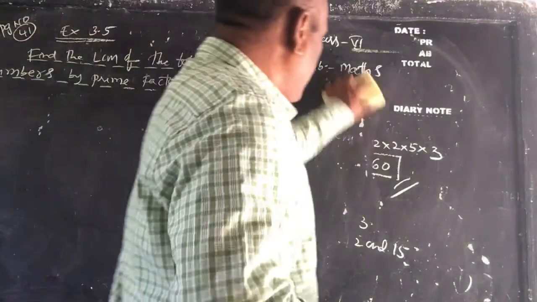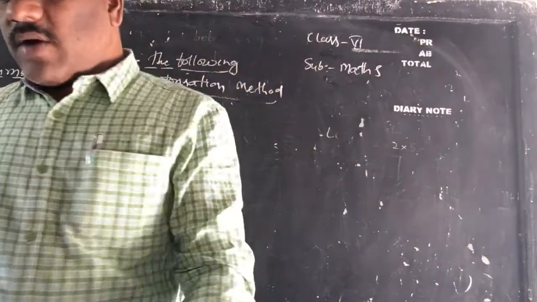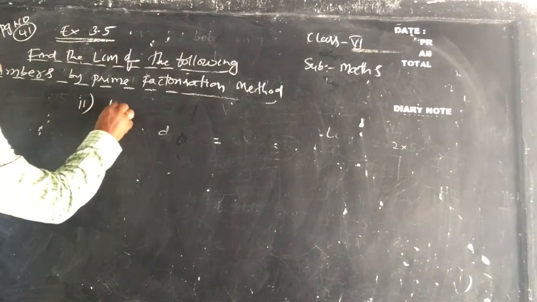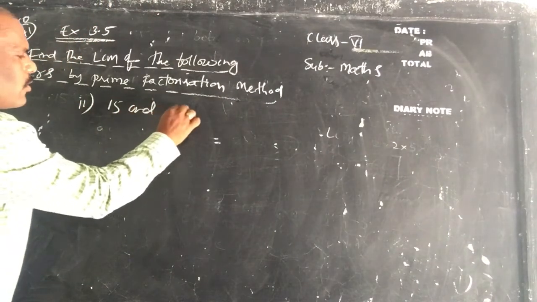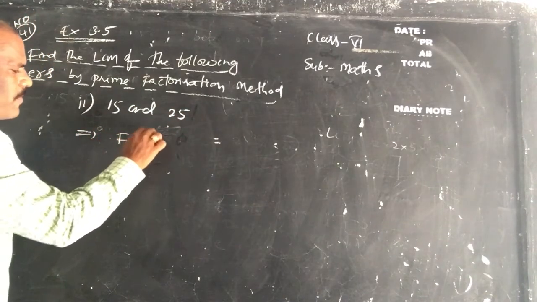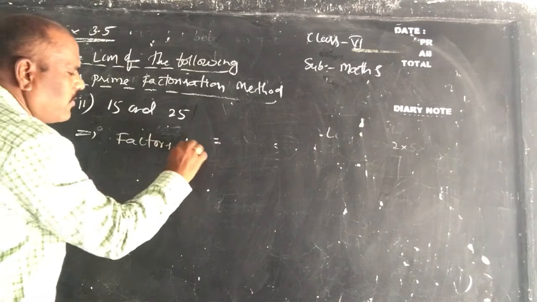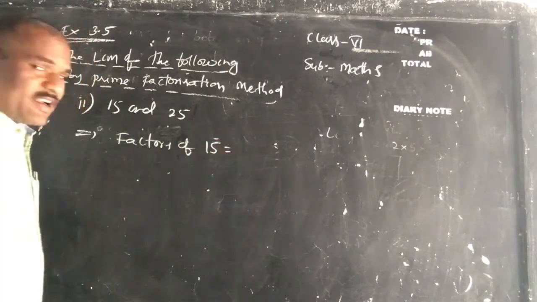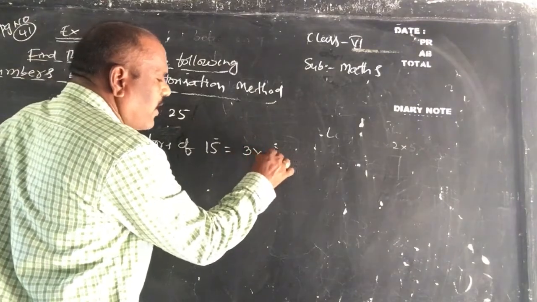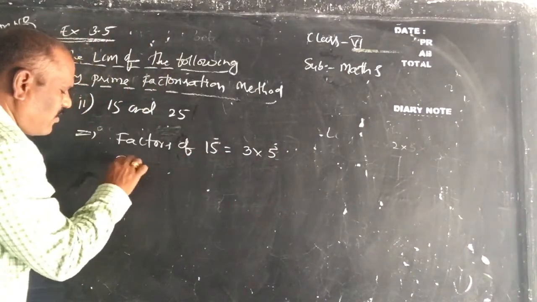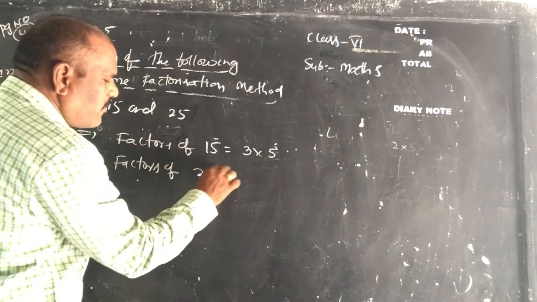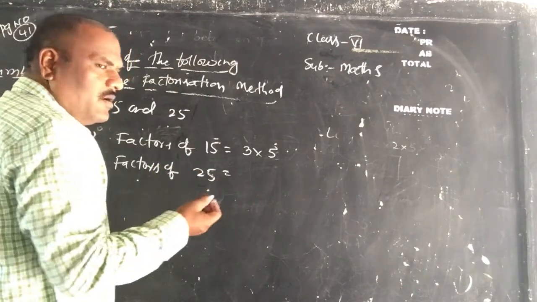Next, second question, children. What is the second question here? 15 and 25. Same method here. Solution: prime factors of 15 equal 3 into 5. The factors of 25 equal 5 into 5.